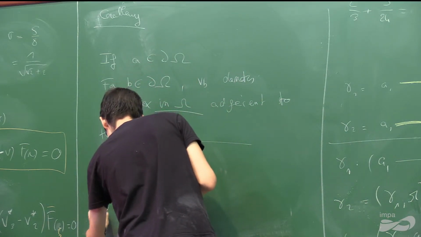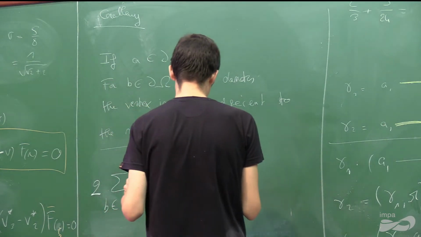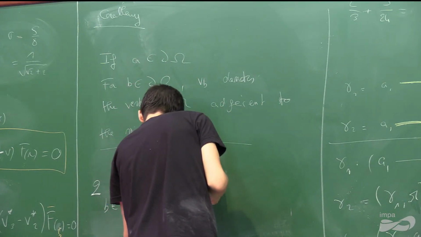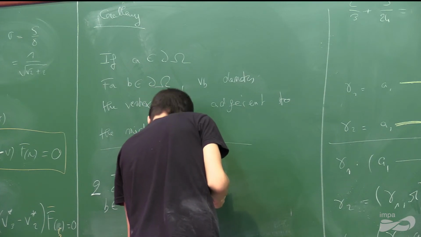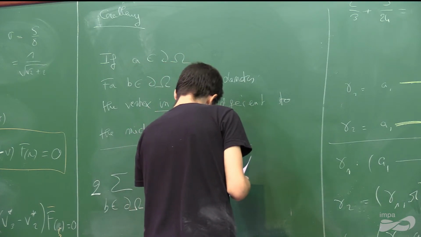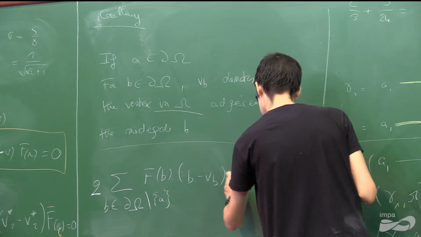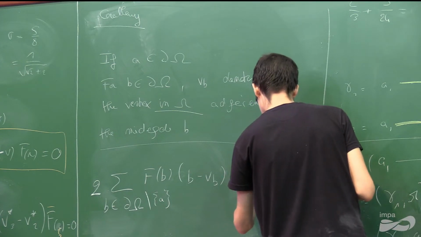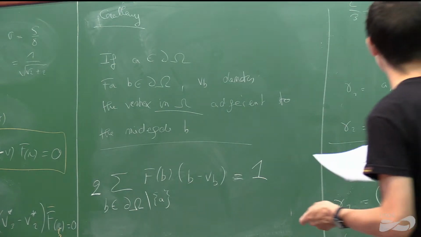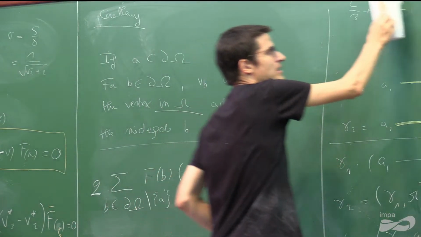The sum over B in the boundary of omega minus A of FB times B minus VB is equal to 1. Okay, so why is this true?